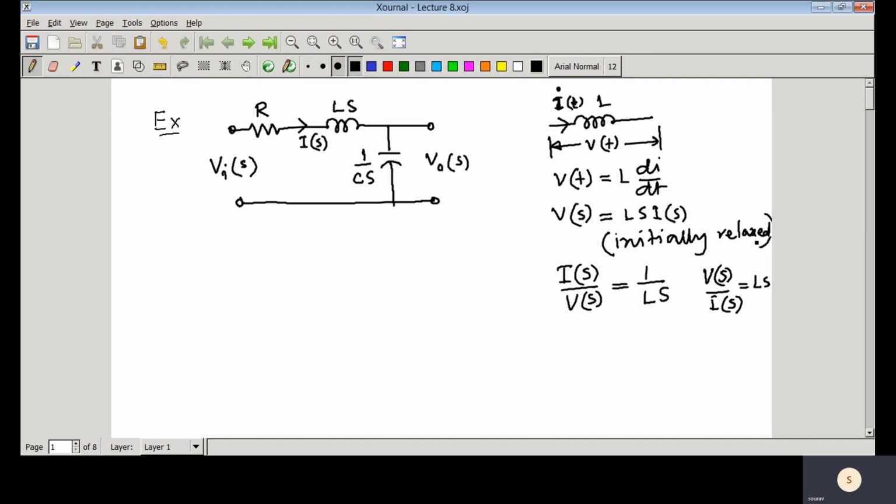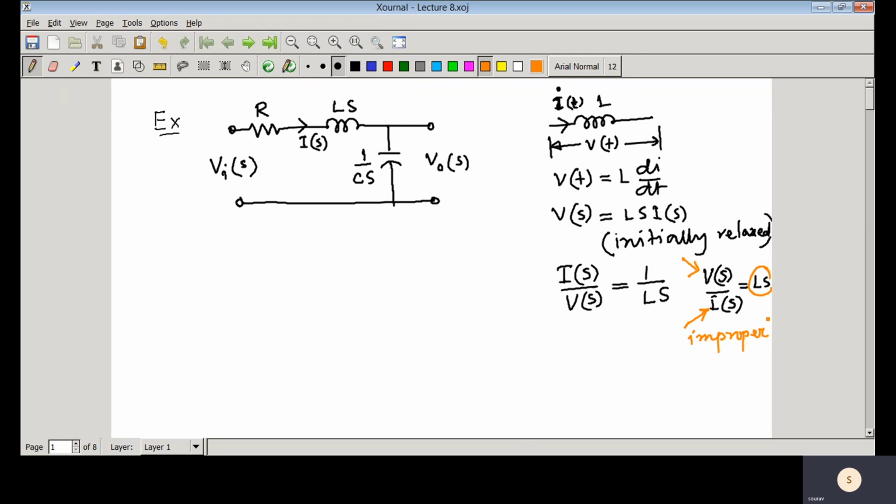So if you take the input as current and the output as voltage, the transfer function is Ls, which is improper. And we have already discussed that an improper transfer function cannot be realized physically.